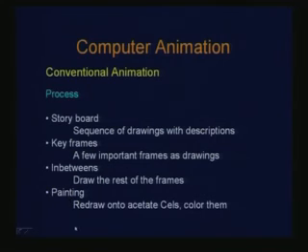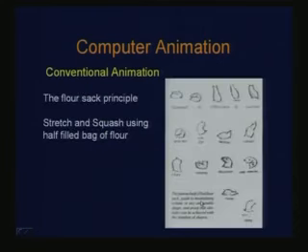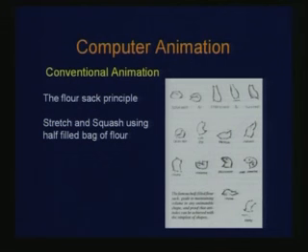You are doing a sort of redraw on a film which could be using acetate cells. It is basically a film where we produce the final animation. Now, one of the aspects which is very popular in conventional animation is called stretch and squash.